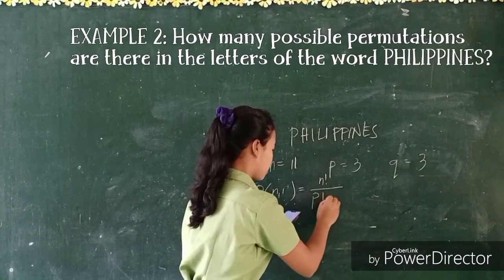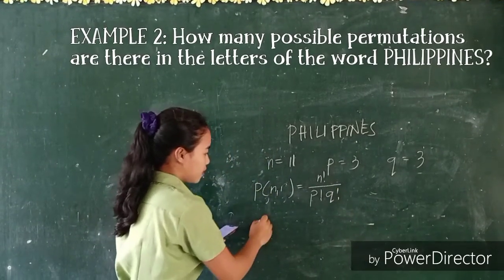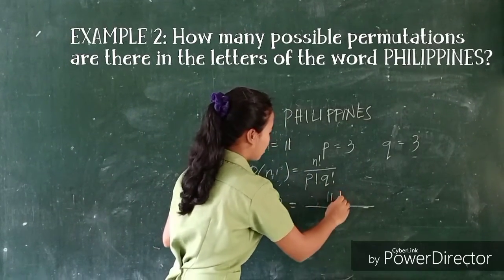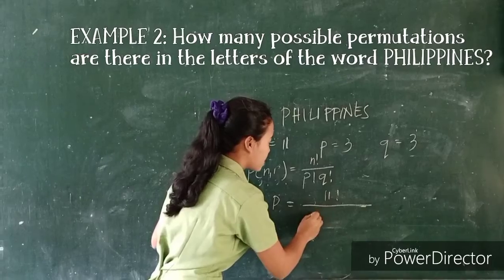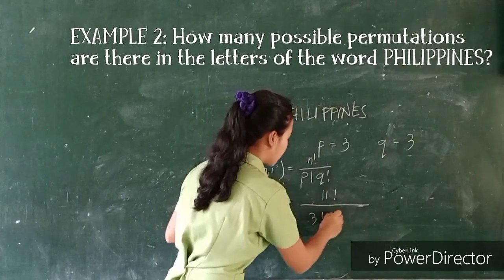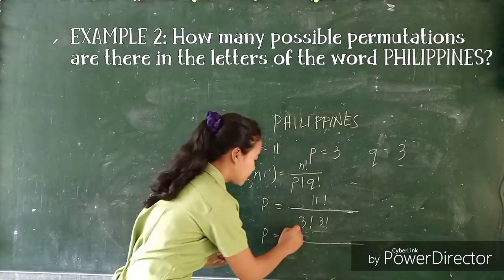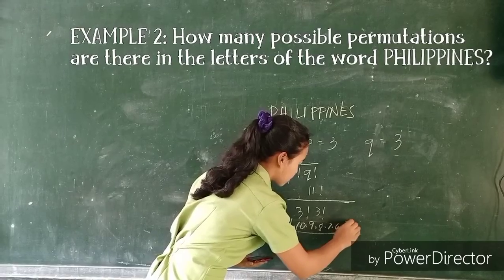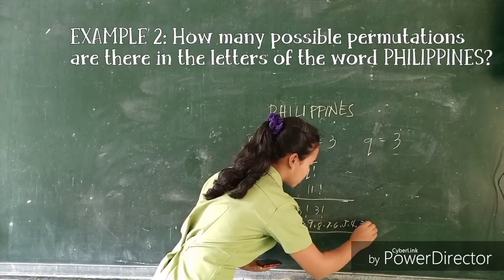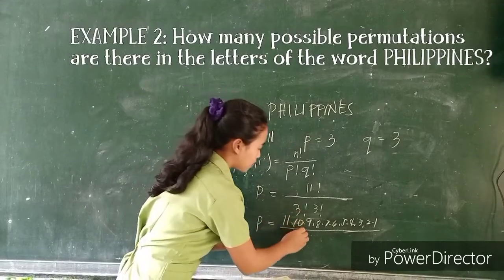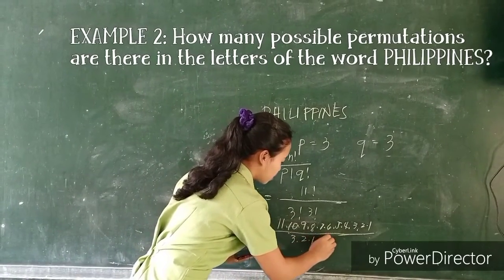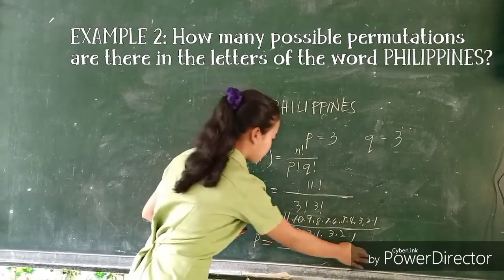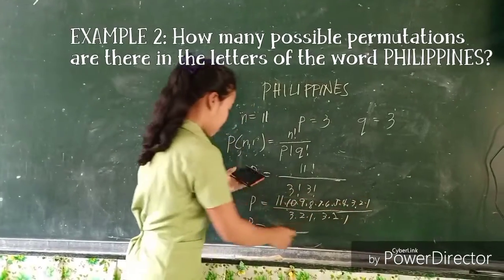N factorial over P factorial, Q factorial. So, we have now permutation is equal to n factorial. We have 11 factorial. Our P is 3 and our Q is 3. Okay, so we have 11 times 10 times 9, 8, 7, 6, and so on over 3 times 2 times 1 and 3 times 2 times 1. So our permutation is equal to, so multiply all these numbers.